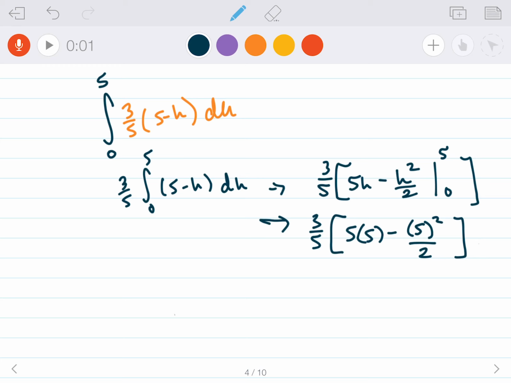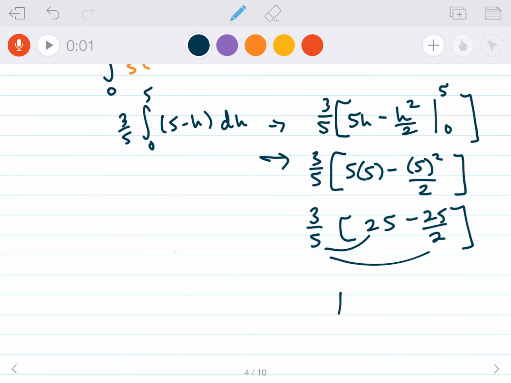So let's simplify. We get 3/5 times (25 minus 25 over 2). If I distribute that in, I get 3/5 times 25, which is 15, minus 3/5 times 25 over 2, which is 15 over 2.